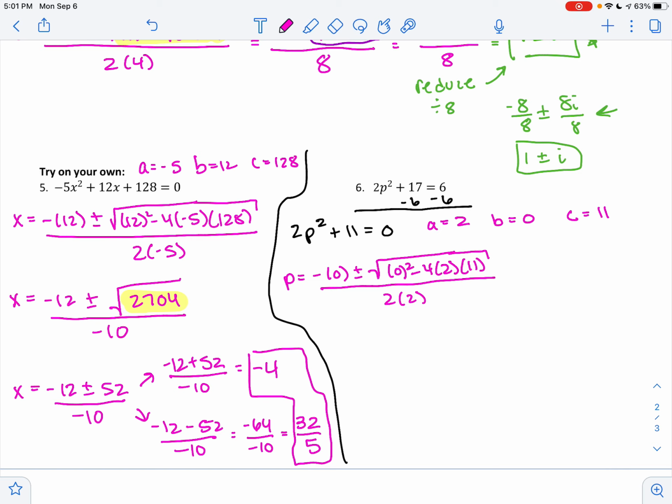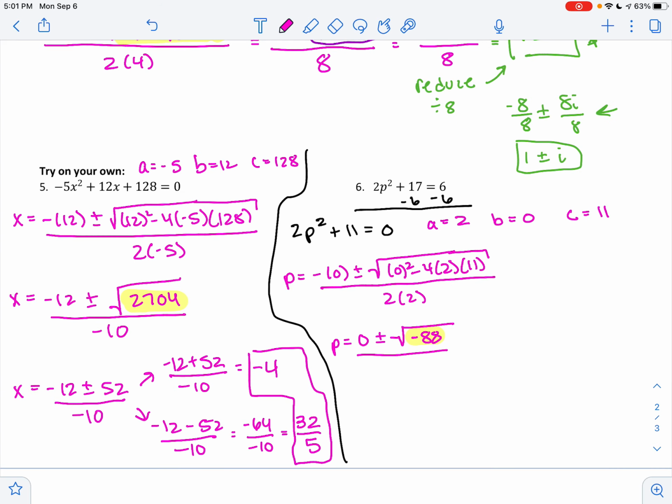So I'll have p equals, well, negative 0 is the same thing as 0, plus or minus the square root of my discriminant. I'll get negative 88. Because my discriminant is a negative number, that tells me that I'll have 2 complex solutions as my answer.